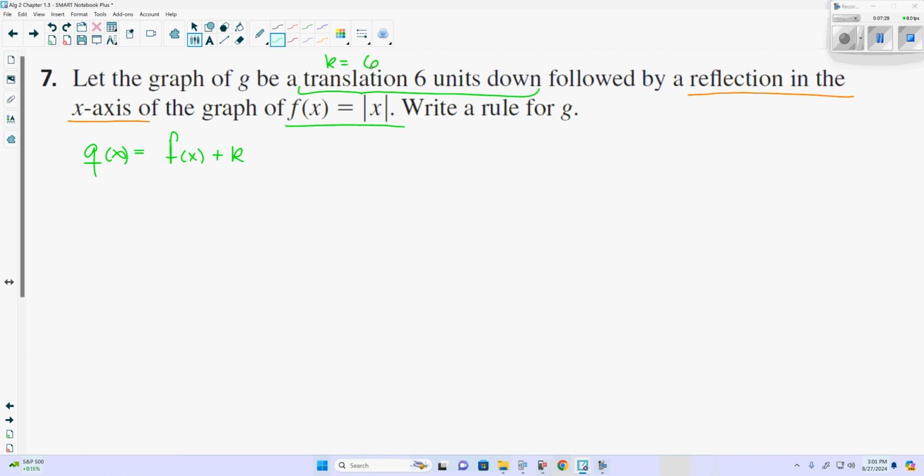But would it be positive or negative? It would be negative since we're going down. So q of x would be equal to f of x plus negative 6, or we can just say minus 6.